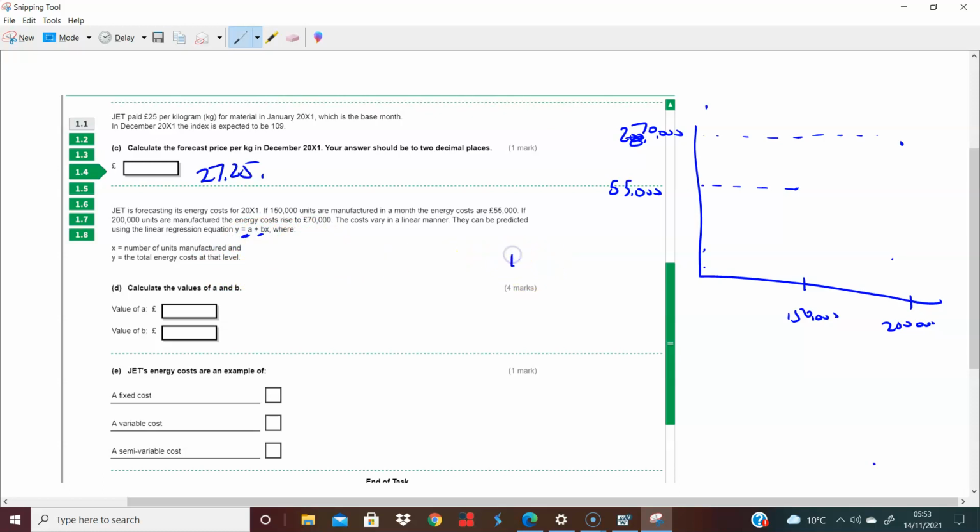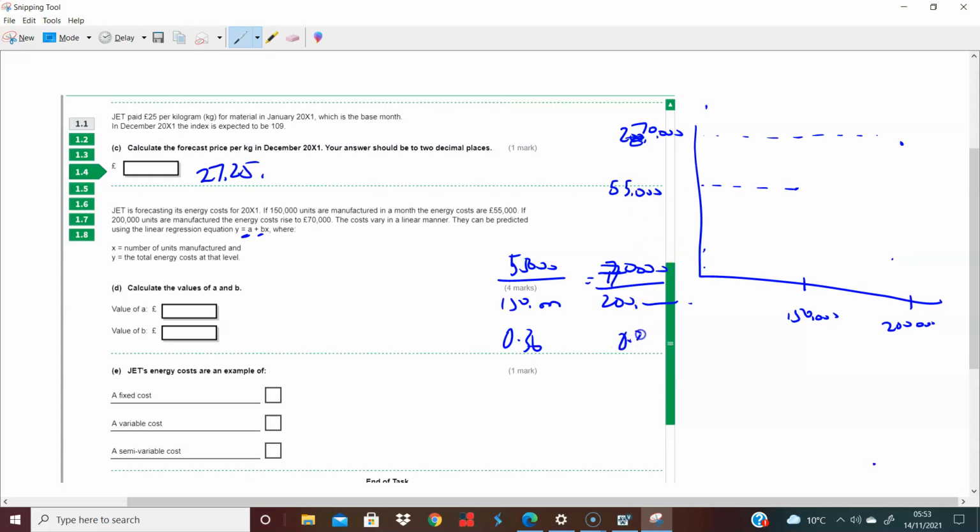You could say, if it was purely variable, then 55,000 over 150,000 should be the same as 70,000 over 200,000, because if they're variable, they should be exactly the same. So 55,000 divided by 150,000 is 0.36, and 70,000 divided by 200,000 is 0.35.